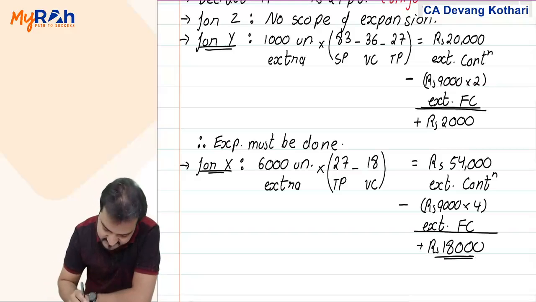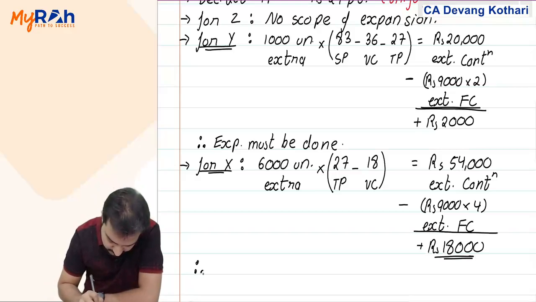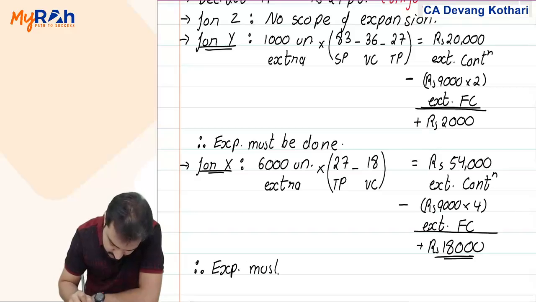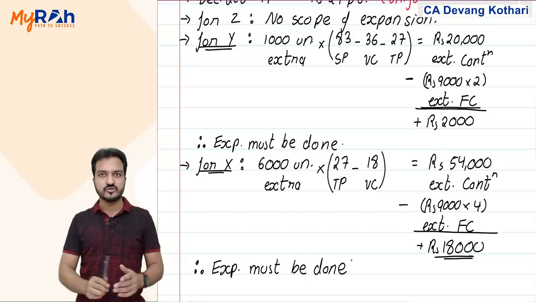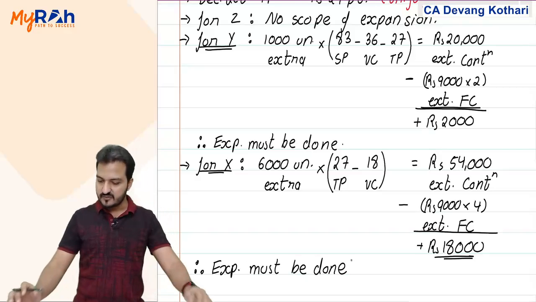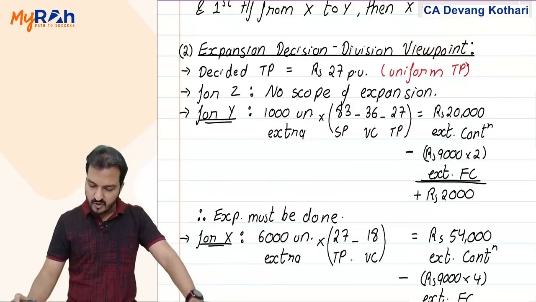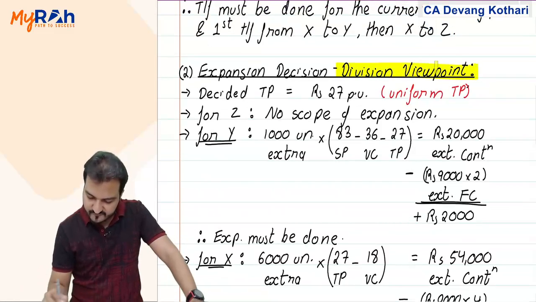Net benefit remains. I'll say therefore expansion must be done in division X also. Done. This is my decision, this is my answer from the viewpoint of each division.